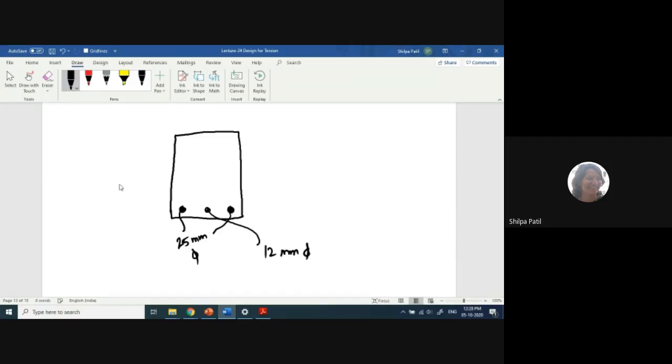Okay, then we also provide the minimum reinforcement over here. These are also 25 we will consider, and then stirrups are there. So simply show the stirrups.